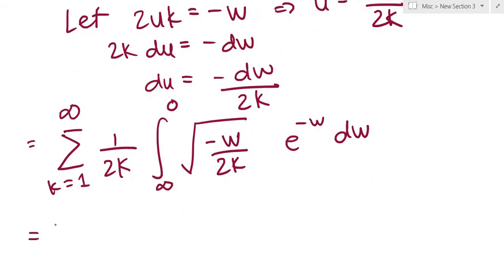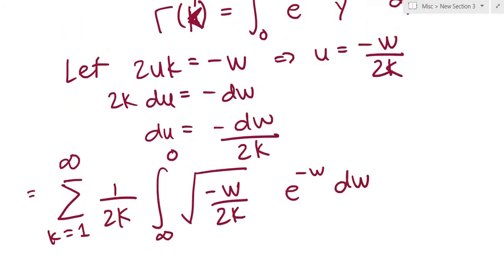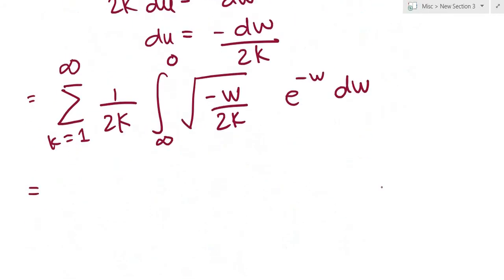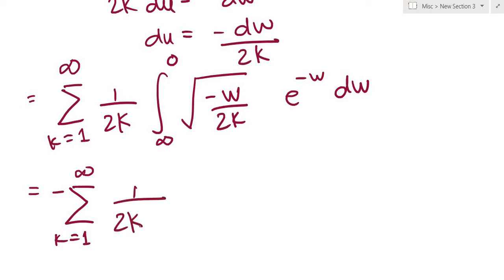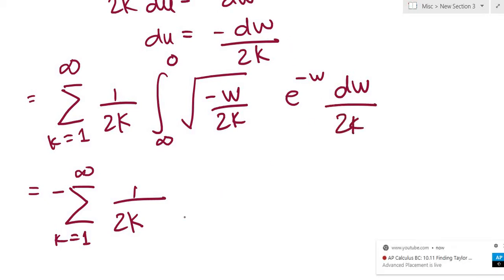Now, since in the gamma function we had the integral from 0 to infinity, and we have here an integral from infinity to 0, I would like to flip this by putting a negative sign in front of it. Sum from k equals 1 to infinity of 1 over 2k. Well, I forgot the 2k of the dw, sorry for that.